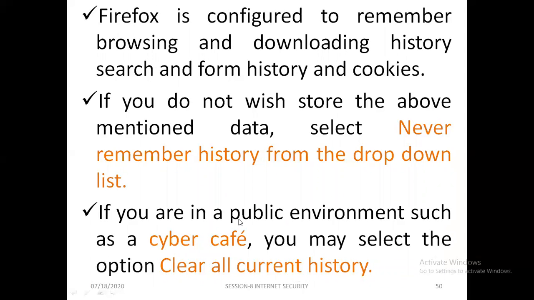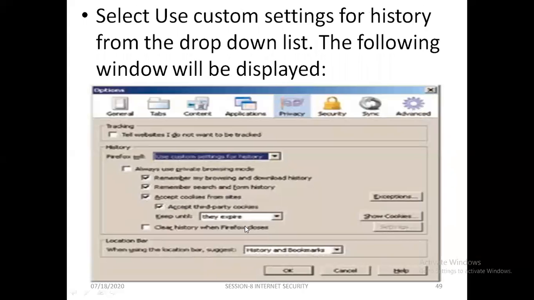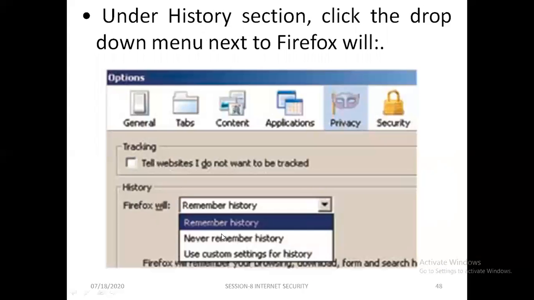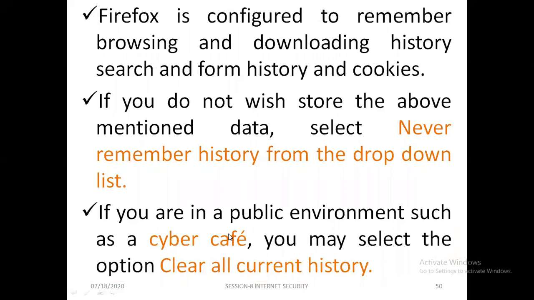Firefox is configured to remember the browsing and downloading history, search and form history and cookies. If you do not want to store the above-mentioned data, select never remember history from the drop-down list.